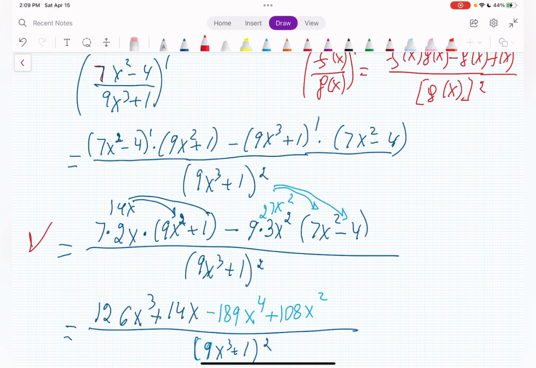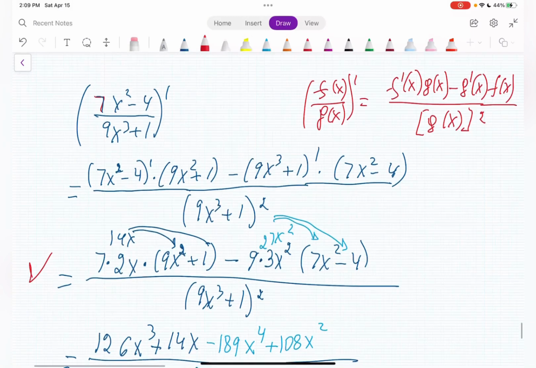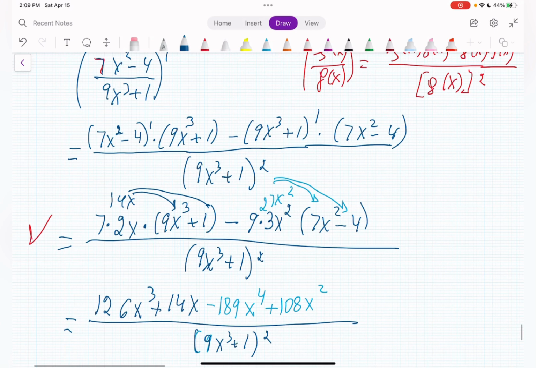Ah, why did I put square when it's supposed to be cube? Sorry guys, I'm getting tired. Okay, which means it's going to be x to 4. Okay, got it.